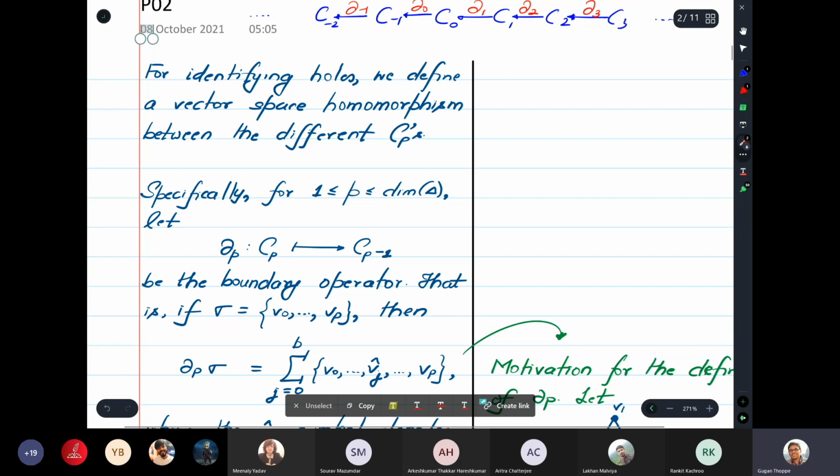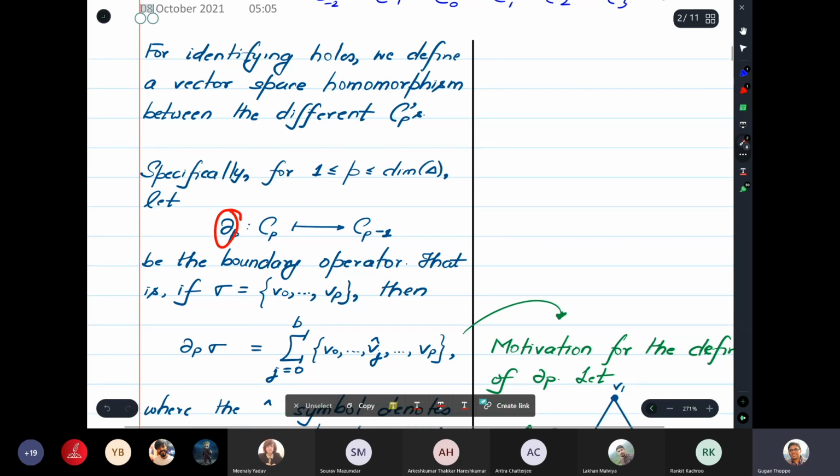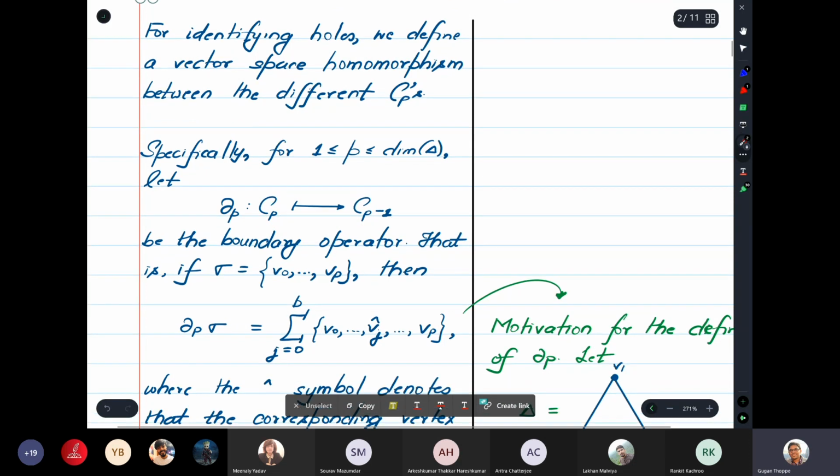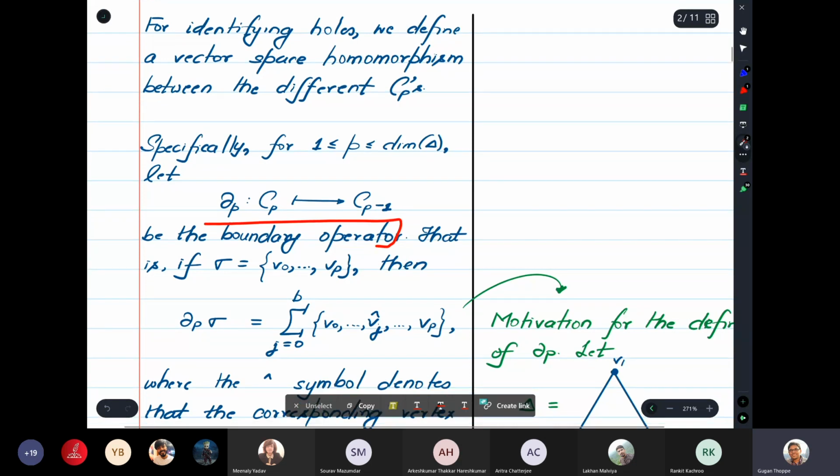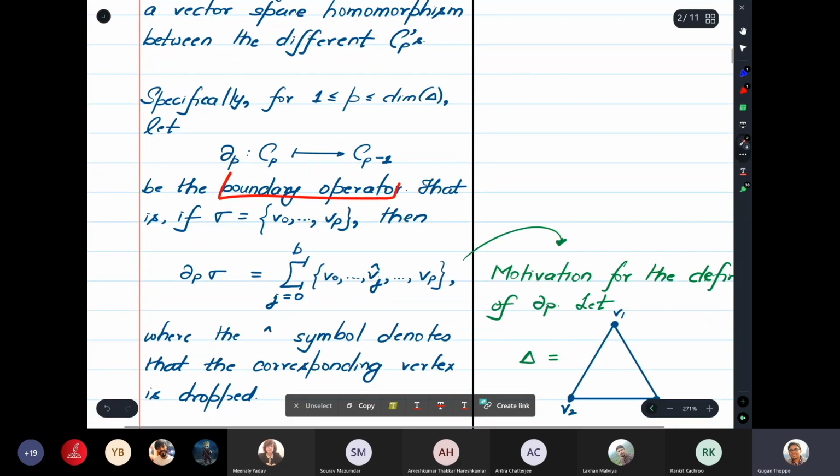We will later extend this definition to cover other p cases as well, but to begin with, we will consider the case where p lies between 1 and dimension of delta, and this del p will be a map which goes from Cp to Cp minus 1, right? And we will refer to this map as the boundary operator. It will become clear why we refer to it as the boundary operator, right? And the definition of this boundary operator is as follows.